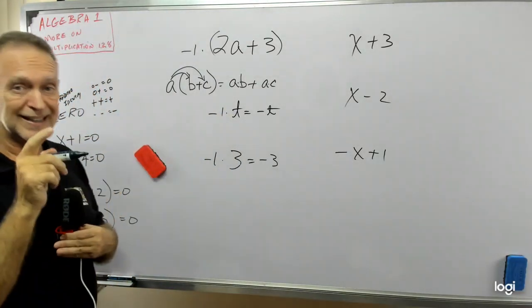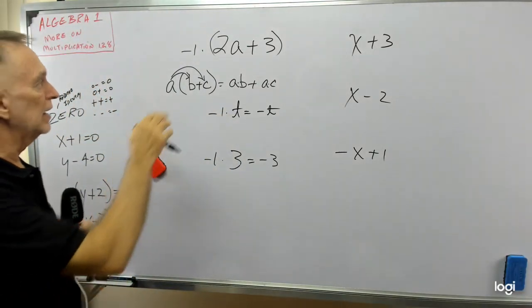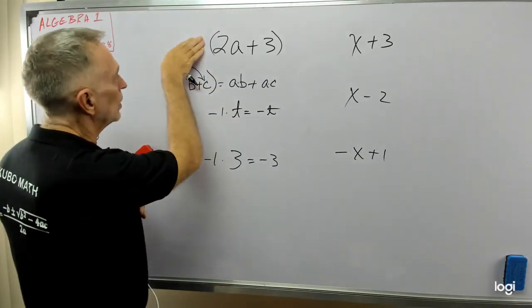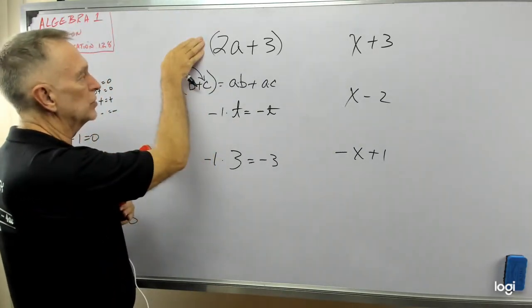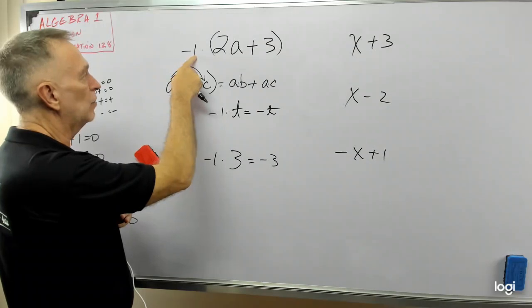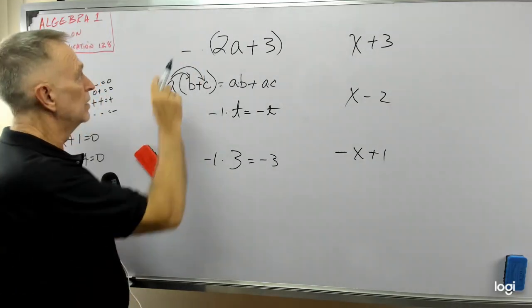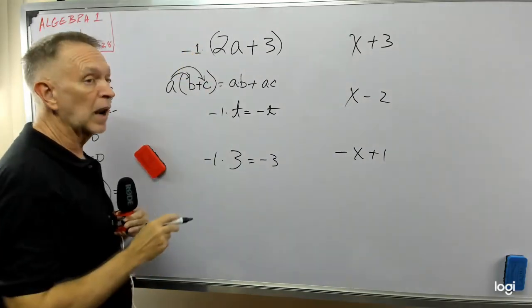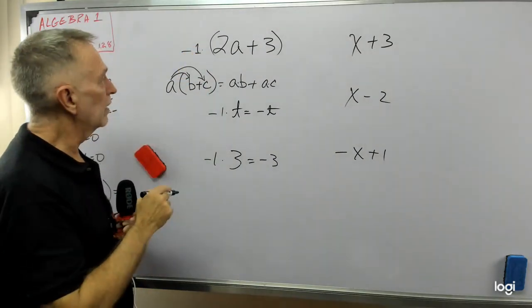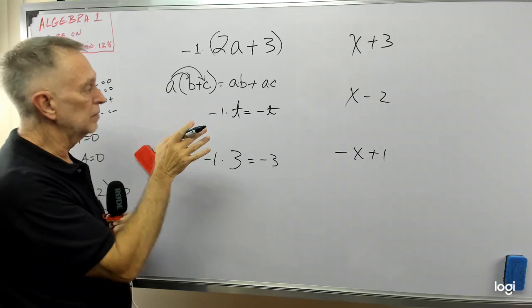We're doing the exact same thing, finding the inverse of 2a plus 3. So I have a -1. Sometimes you may just see that as a negative, which is implying there is a 1 there. We don't write it down sometimes.